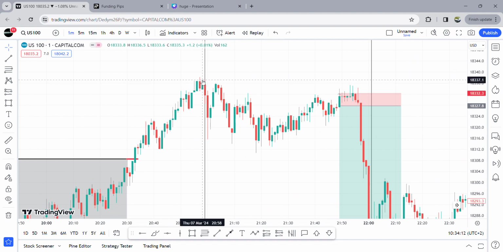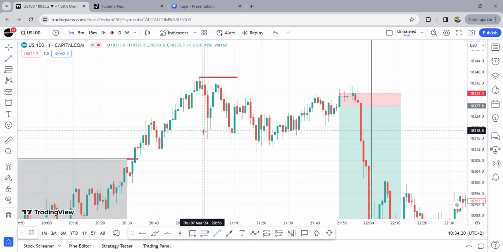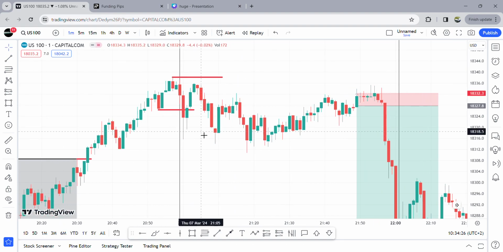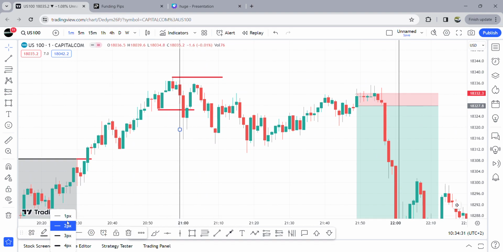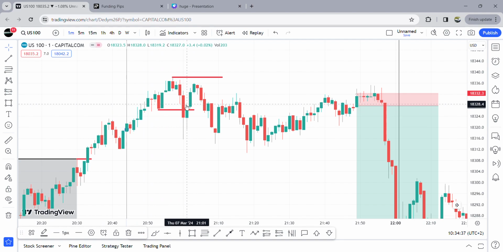So we've got this high being made, this swing high, and now we've got this swing low. This was the previous swing low before the swing high was made. We have a purge of that. Just going to move this line away. Let's make it thinner. So we have this low being taken out, and we've got a small fair value gap being made inside here.